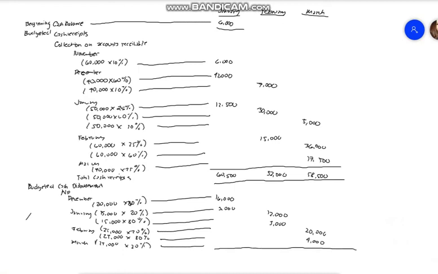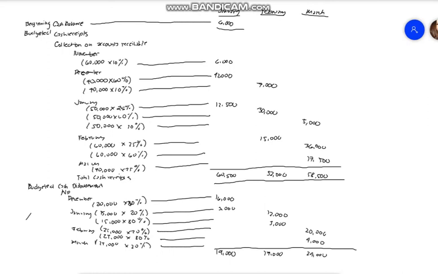So the total cash disbursement is, wait, let's set up this one first. So this is 19,000, this is 17,000, and this is 24,000.